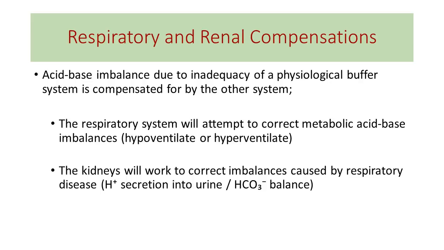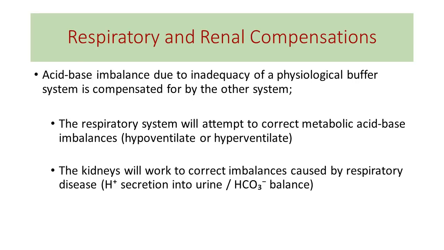Conversely, if you're becoming metabolically alkaline, too basic, your respiratory system will try to compensate by having you hypoventilate, slowing your respiratory rate down and making your depth of respiration more shallow, so you're trying to retain more carbon dioxide in your blood to compensate for that metabolic alkalosis.